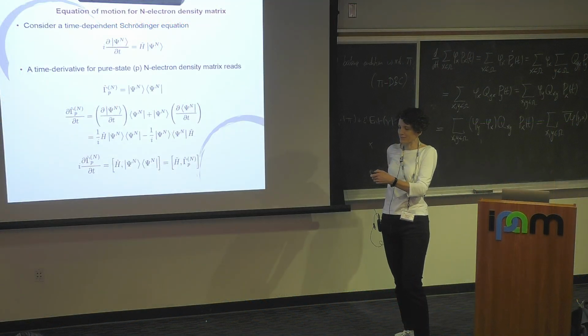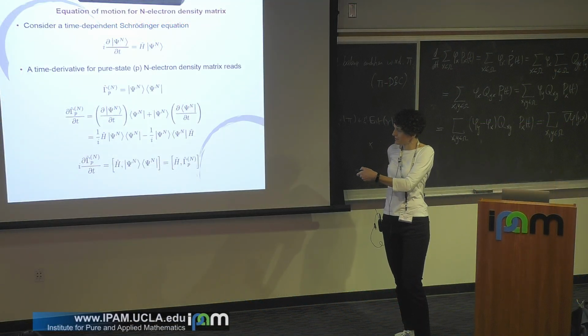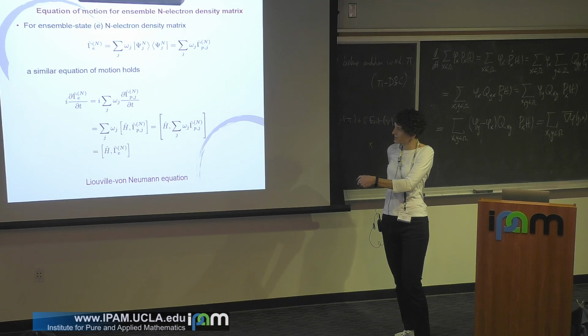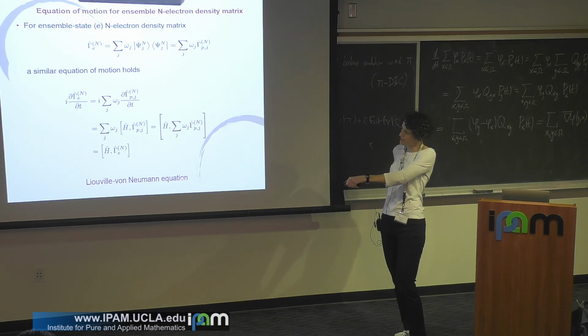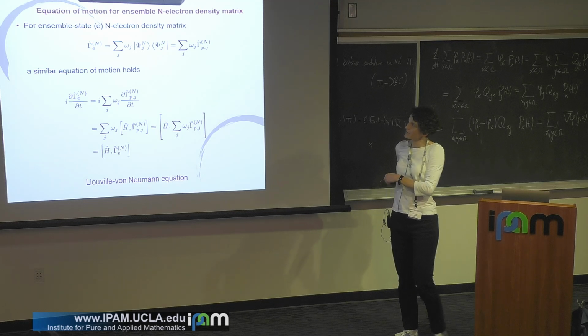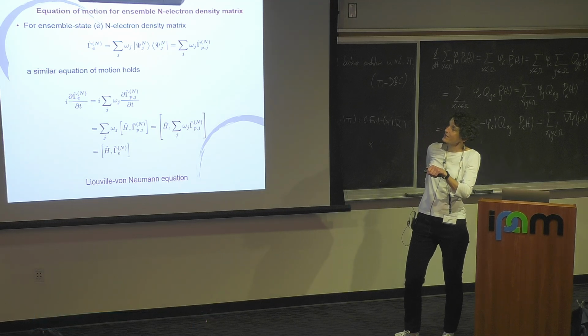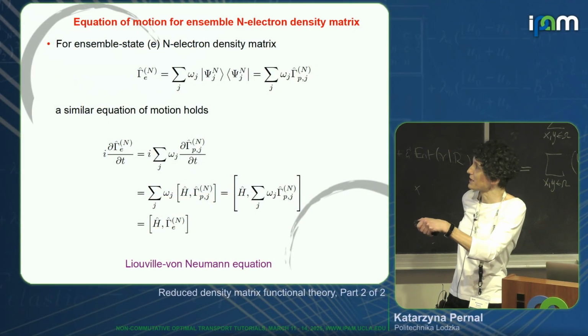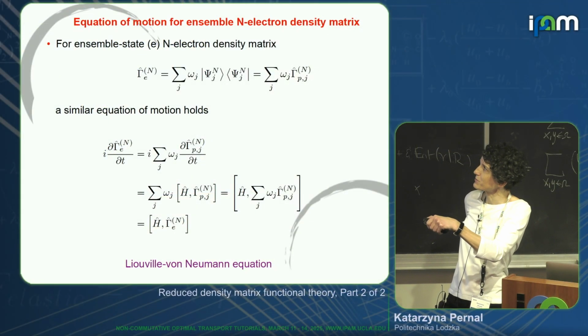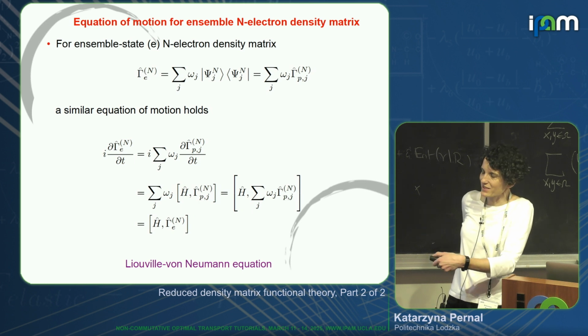Okay, probably you already recognize this equation, but I will continue. And before, actually, the name is already here. It's a Liouville von Neumann equation, which is more known in a more general form. So in a similar way, as for the pure state density matrix, we can derive immediately a time-dependent equation for the ensemble state and electron density matrix, and you proceed in the same way as before.